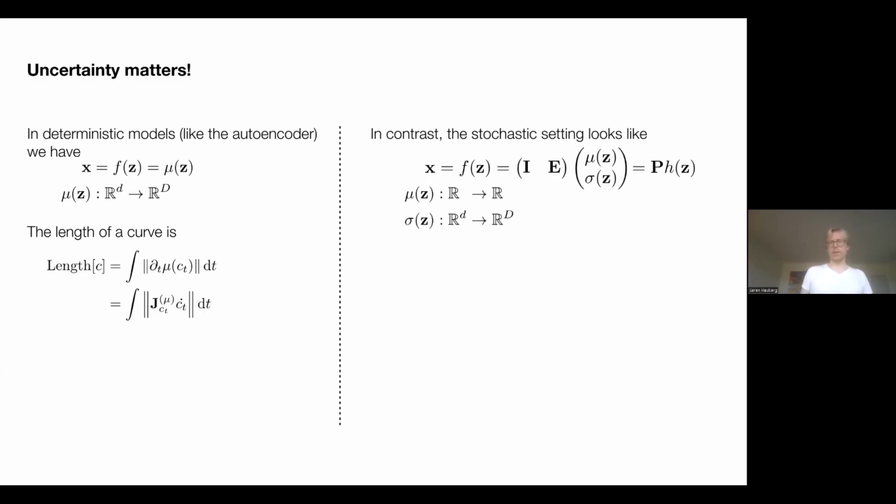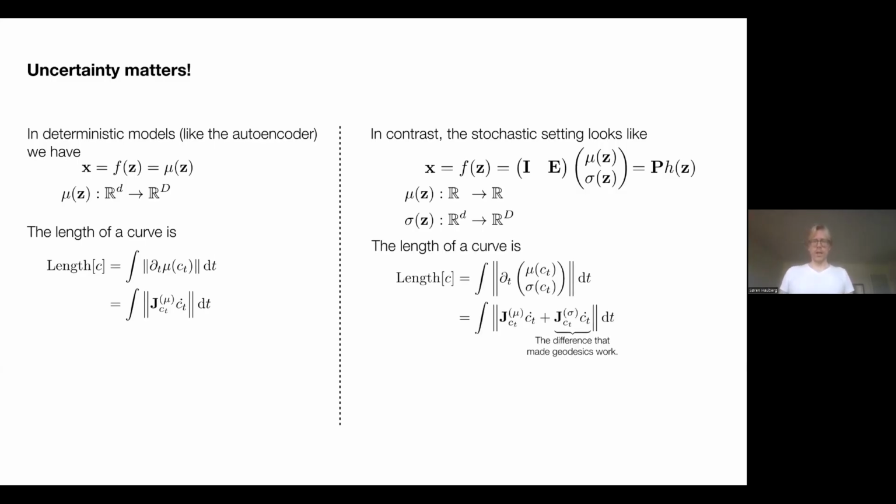If we do the same thing in the stochastic setting, then we see that we have to think about this concatenation of the mean and the standard deviation. That then splits out into a Jacobian for the mean and a Jacobian for the standard deviation. So somehow this additional Jacobian is the difference that all of a sudden makes geodesics become attracted to data.